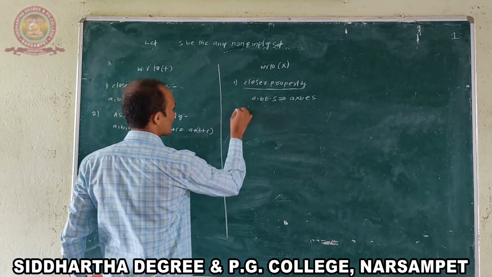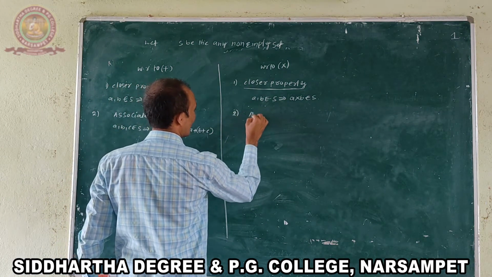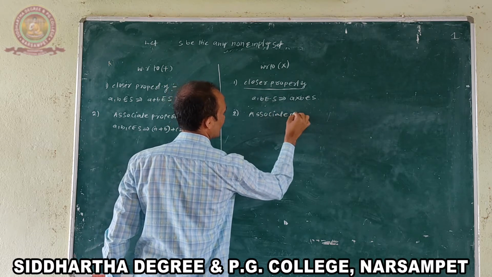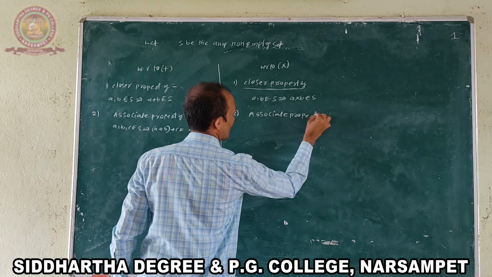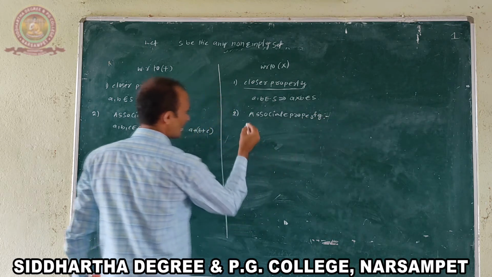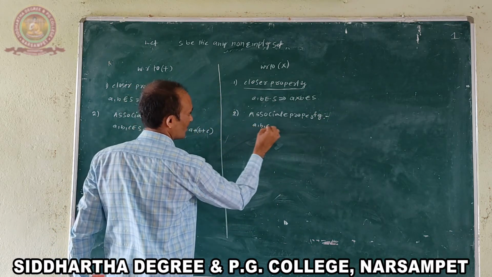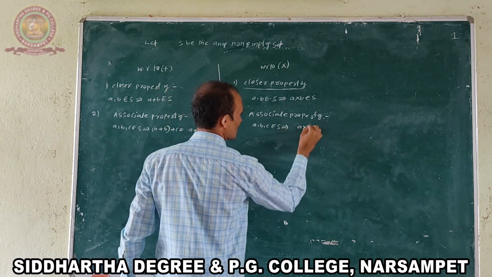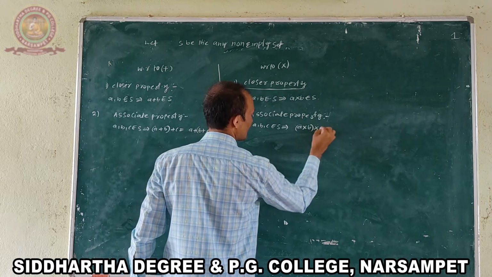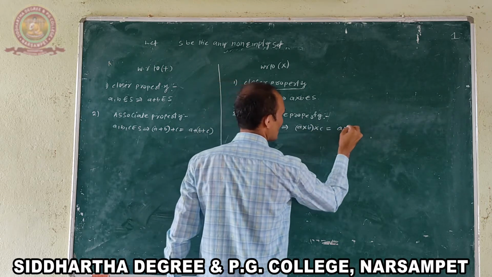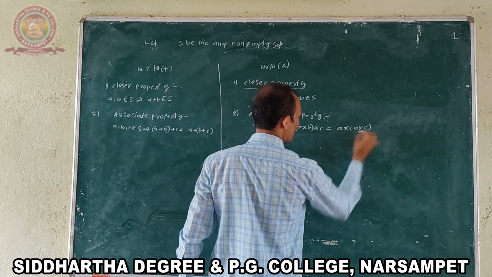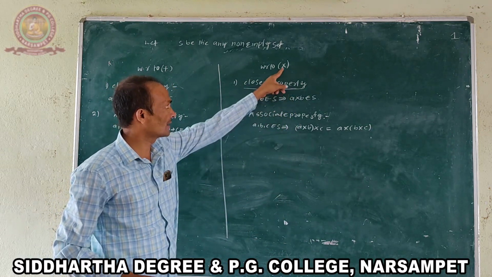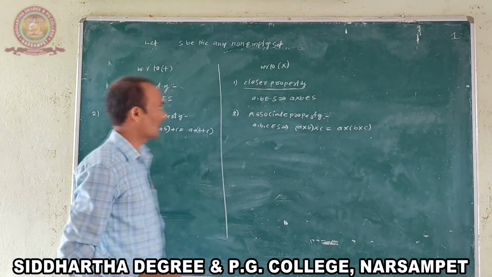In multiplication, the same second property, associative property: a, b, c which belong to S implies (a into b) into c is equal to a into (b into c). Then S satisfies the associative property with respect to multiplication.